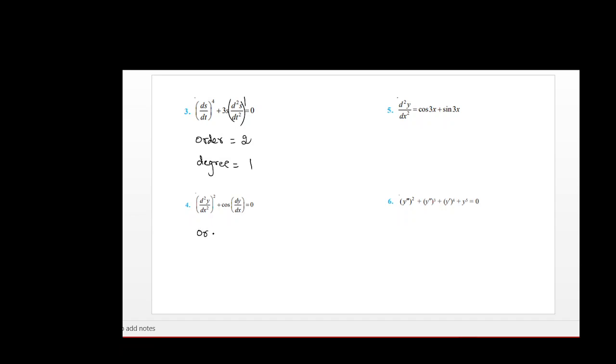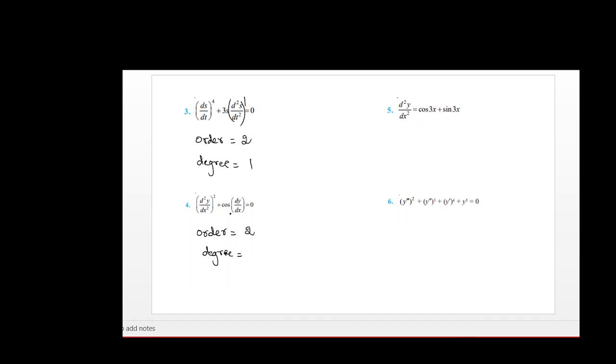Next one, the order of this differential equation: the highest derivative appearing is 2. Degree, what is degree? As I mentioned, it should be a polynomial in derivatives. Is it a polynomial in derivatives? No. Again, transcendental functions are involved: cos of dy by dx is there. Though the highest power of the highest derivative is 2, the rest of the terms involve transcendental functions of dy by dx.